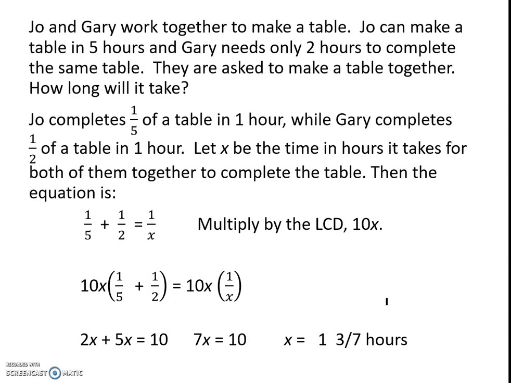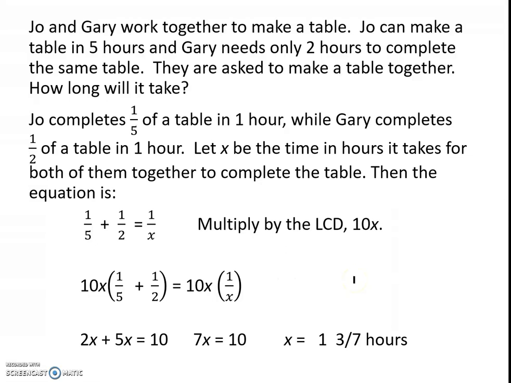Our next problem is we have Joe and Gary work together to make a table. Joe can make the table in 5 hours, and Gary needs only 2 hours to complete the same table. They are asked to make a table together. How long will it take? So we have to think about this. Joe completes 1/5 of a table in 1 hour, while Gary completes 1/2 of a table in 1 hour.